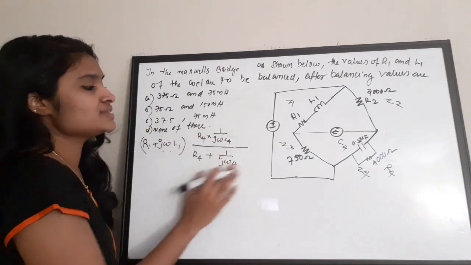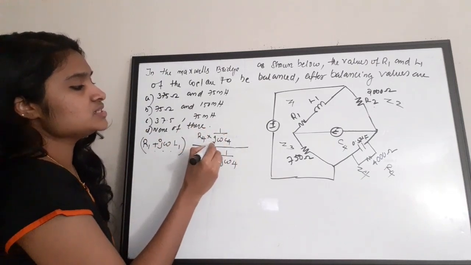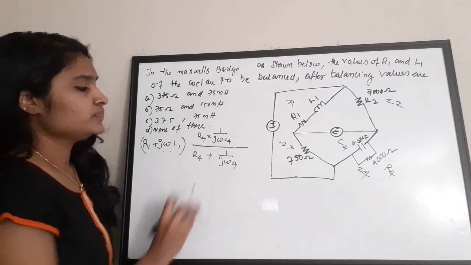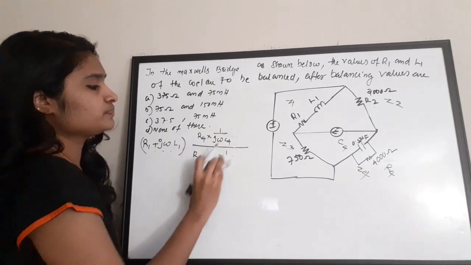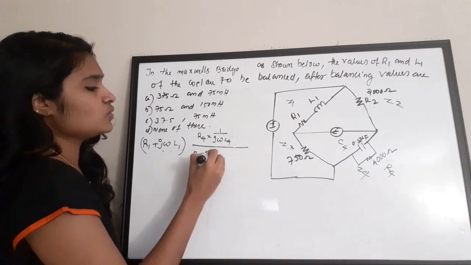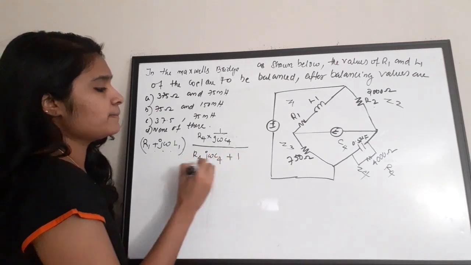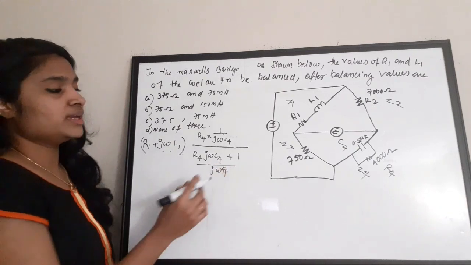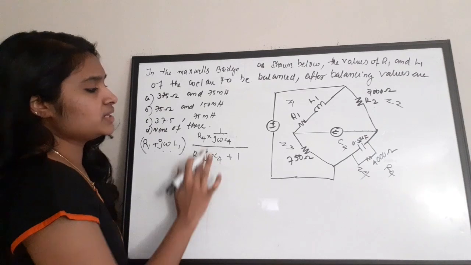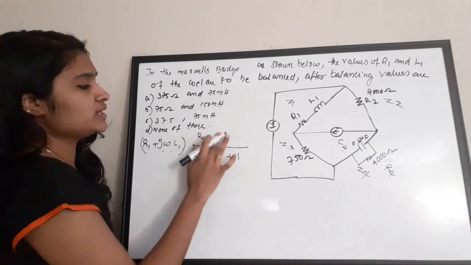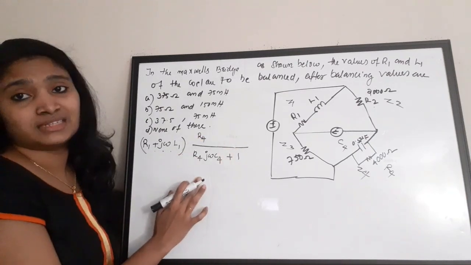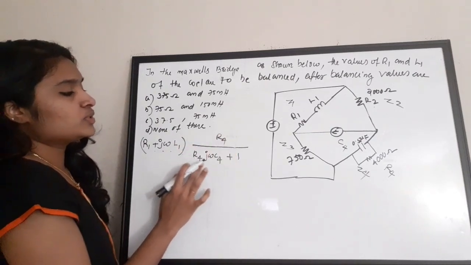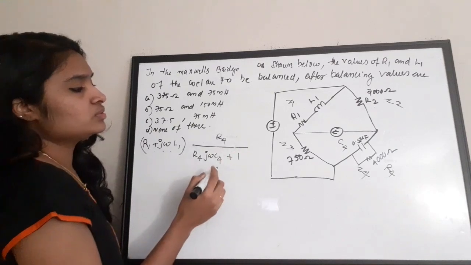If you take 1 by j omega C4 common in the denominator, you can write R4 into j omega C4 plus 1 by j omega C4, and cancel it with the numerator. So it is more simplified and looks neat: R4 by R4 j omega C4 plus 1.